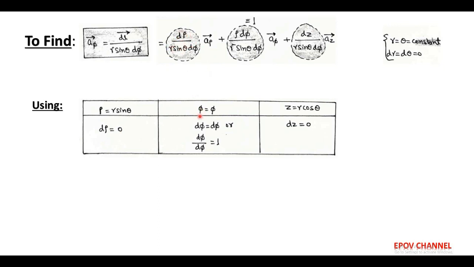Now as angle phi is common to both cylindrical and spherical coordinate systems, that is phi equals phi, or d phi equals d phi, we can write d phi upon d phi equals 1. And lastly z equals r cos theta, so again dz equals 0, since r and theta are constant. And after putting these values, unit vector phi becomes unit vector phi only.